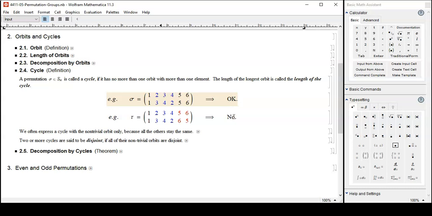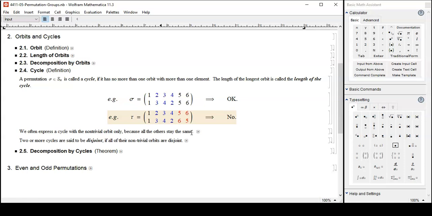And here's an example that is not a cycle. 1 stays at 1, that has orbit length of 1, good. And then we have blue, 2, 3, 4, okay, we have an orbit of length 3. And then look at this red part. 5 goes to 6, and 6 comes back to 5. So we have an orbit of length 2.